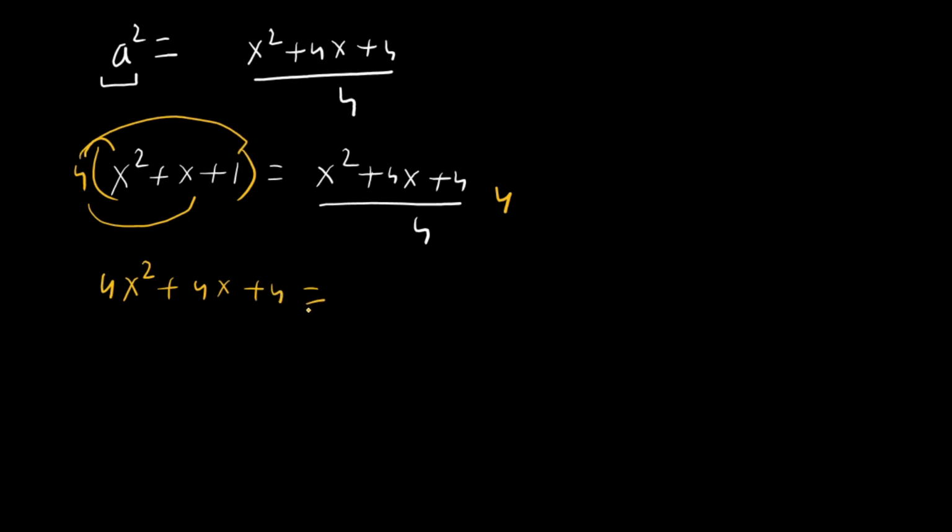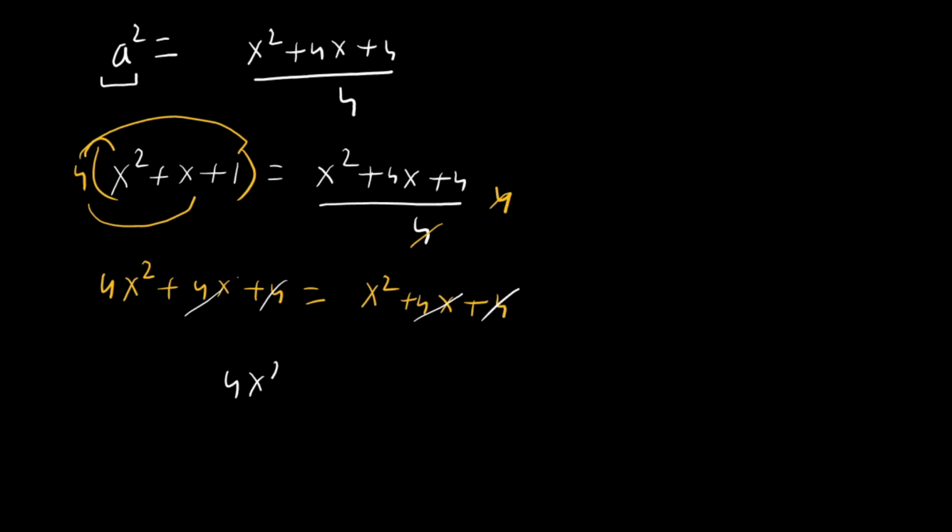This equals, on the right side, this 4 and this 4 cancel out, leaving x square plus 4x plus 4. Now this 4x is positive and this 4x is positive, so they are cancelled out, and this 4 is cancelled out.